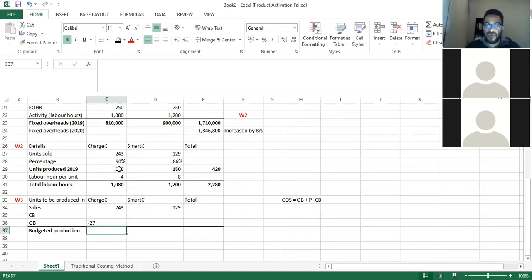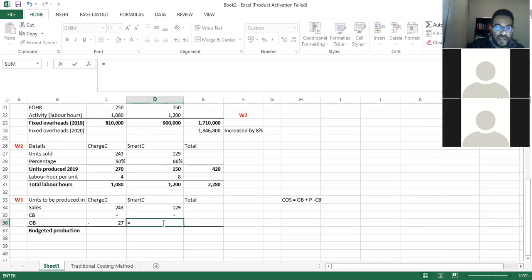Remember, last year's closing balance, 2019's closing balance, is 2020's opening balance. They said they expect no closing balance. Okay, so therefore we're making it 0. And then this one is going to be 14% of what was actually produced. What was produced times 14%.